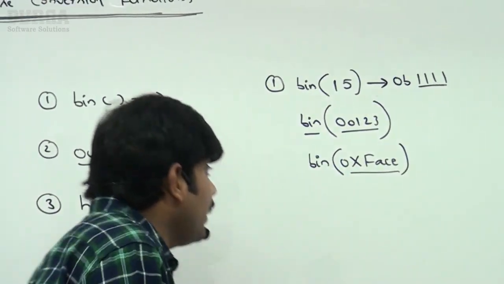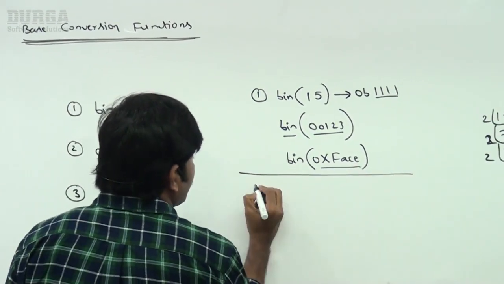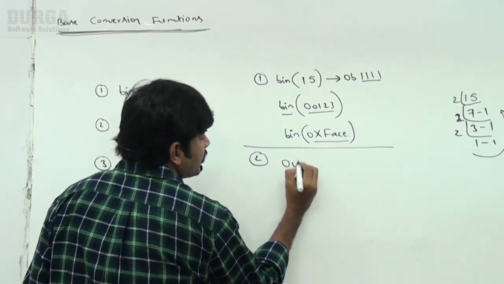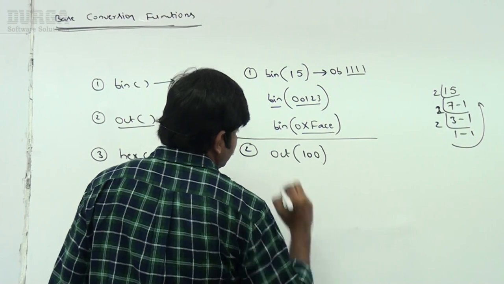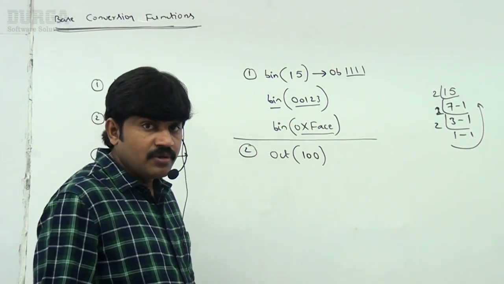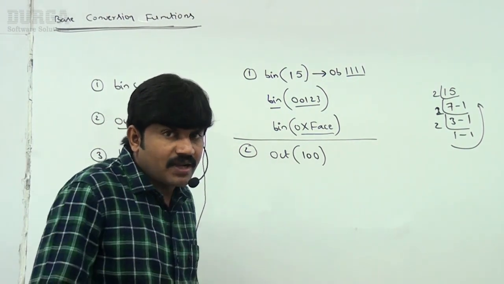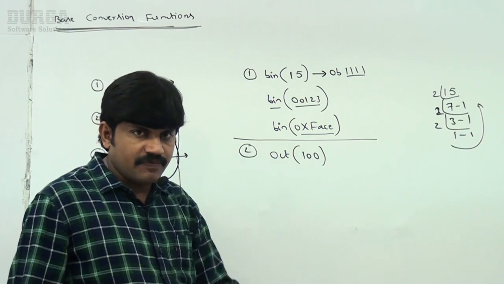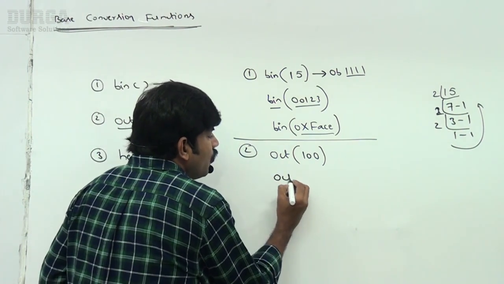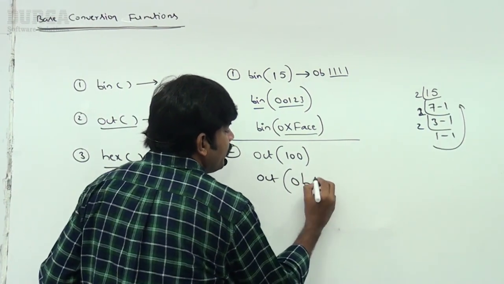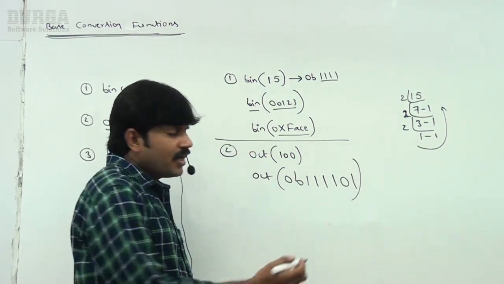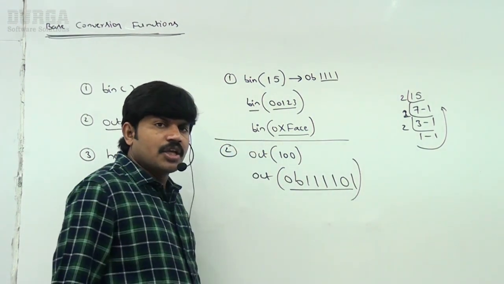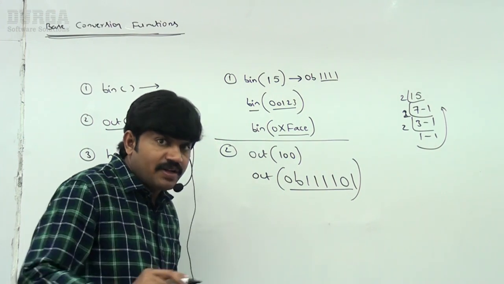The same way, next let me consider the octal, oct function. I have the decimal value 100. I want to know the equivalent octal value. Then oct is the function. Similarly, oct of 0b111101, something like that. This is a binary number. Can you please provide the equivalent octal value?